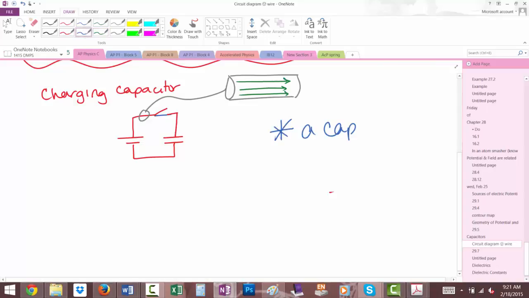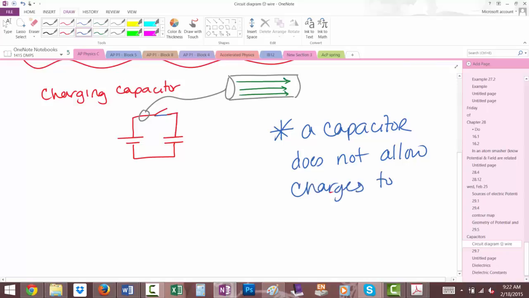A capacitor that is working as a capacitor does not allow charges to cross between plates, we'll say.